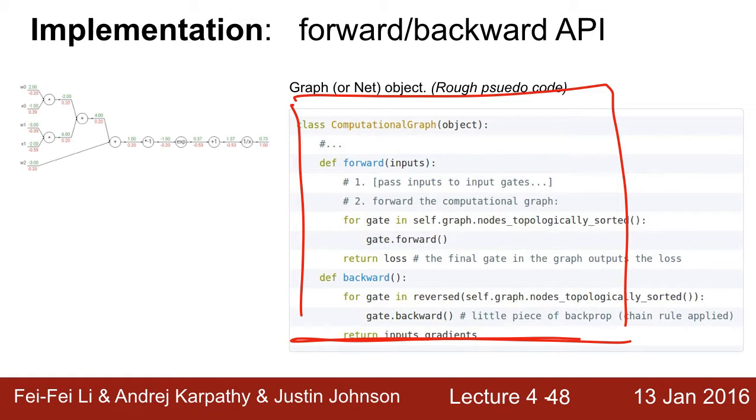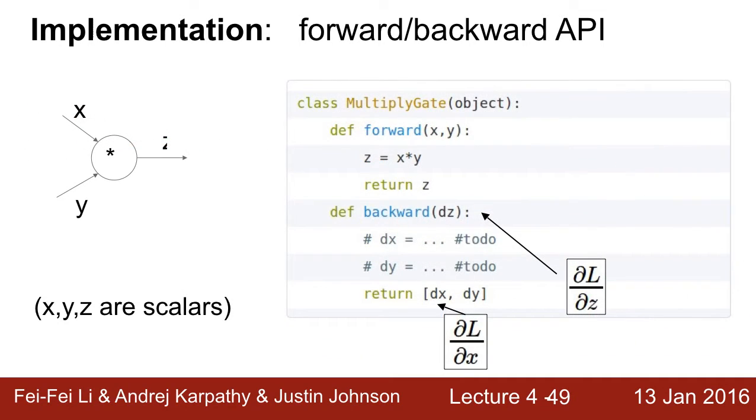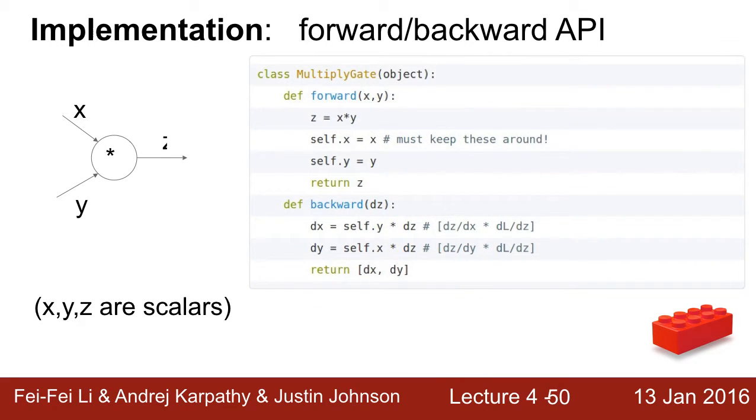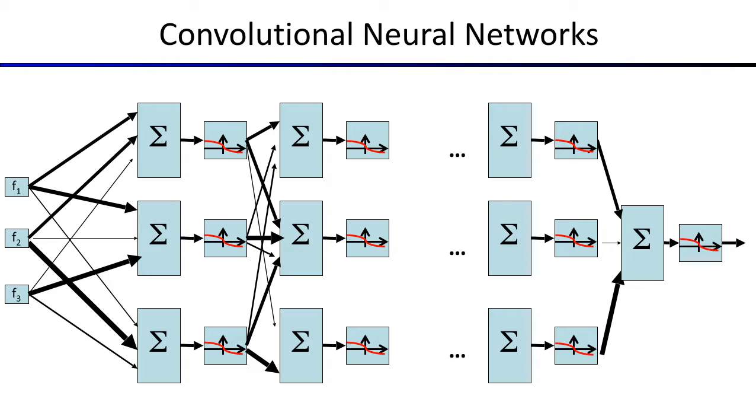I'm going to do a forward pass by iterating over each of these things in sequence, and then doing a backward pass by iterating over those in reverse and doing some kind of backward operation and forward operation, where the forward operation is just the actual thing that I'm trying to compute, and the backward operation is taking the derivative that I'm getting in from above, taking my local derivative, and multiplying those two things together. And that's basically it.